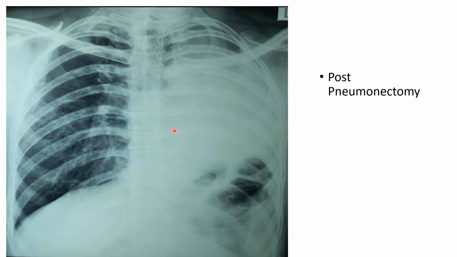Initially it is up to this level, and month on month it keeps on increasing, and by the time it is 4 to 6 months, the entire space is filled with the serous fluid. So when X-rays are taken, it looks like a whiteout, and here there is a hyperinflated lung, and the stump can also be seen, and the diaphragm will be elevated because there is a volume loss. We have removed the lung. So this is a post-pneumonectomy X-ray.